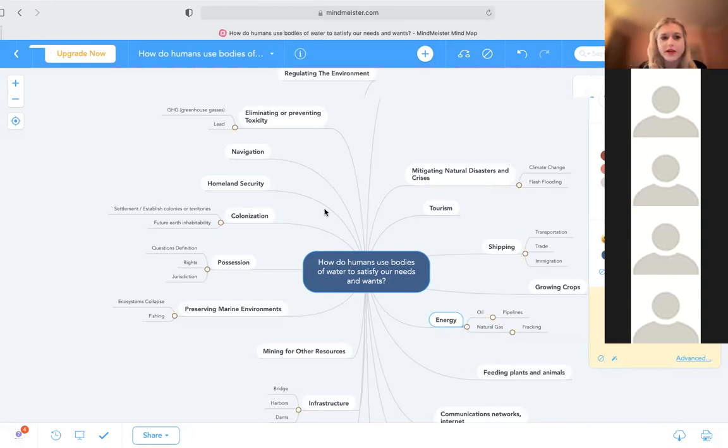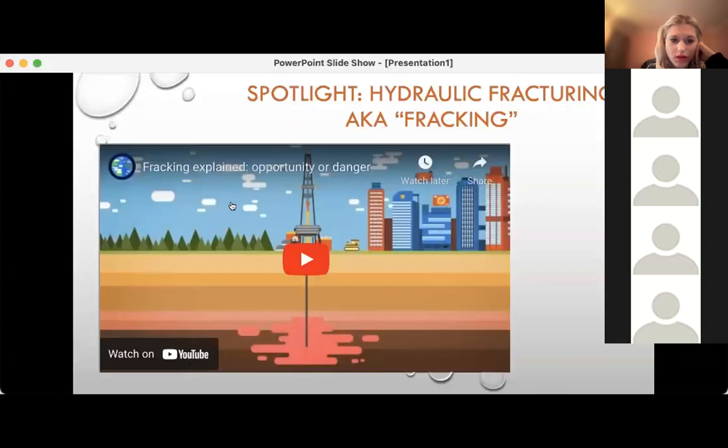So this is a perfect transition into my last slide, the spotlight on hydraulic fracturing. That's the technical term for it; what we call it for short is fracking. The affirmative that we put in the packet is limiting hydraulic fracking.